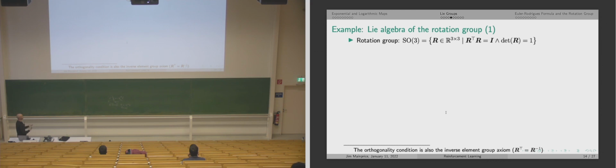Orthogonal matrix means that R transpose times R is equal to the identity. And also, since it's the special group, the determinant is equal to 1. This is a subgroup of the general linear group.